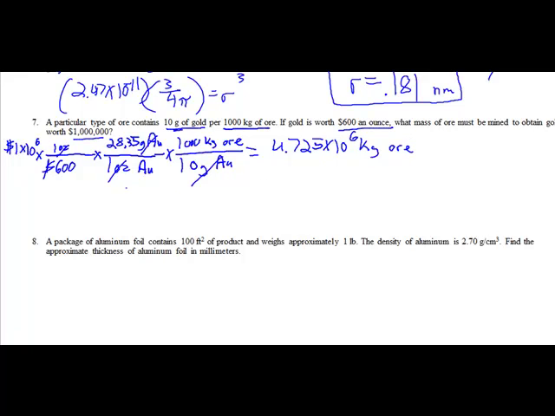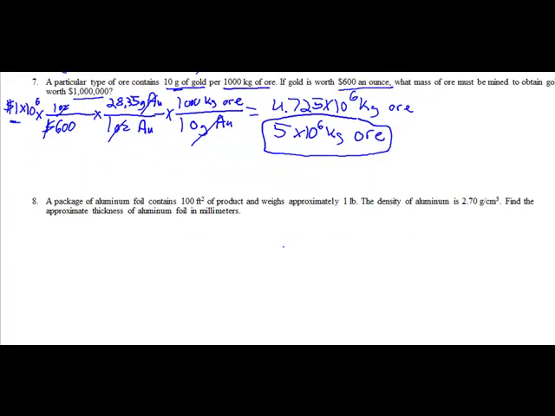Again, rounding off, we just had 1 sig fig to start, so I can round this off to 1 sig fig and just say 5 times 10 to the 6th kilograms of ore, or 5 million kilograms of ore, for $1 million worth of gold. Again, all we're doing is looking at units and using the units to convert from one thing into another.